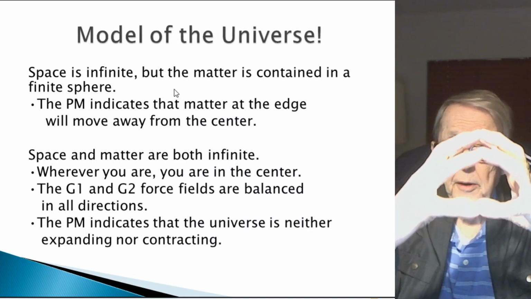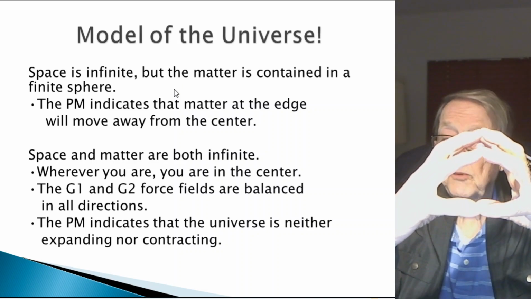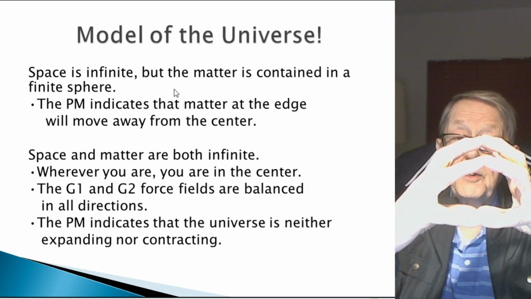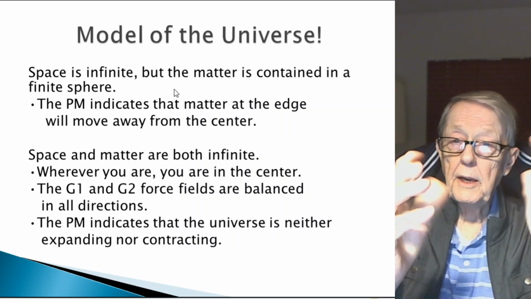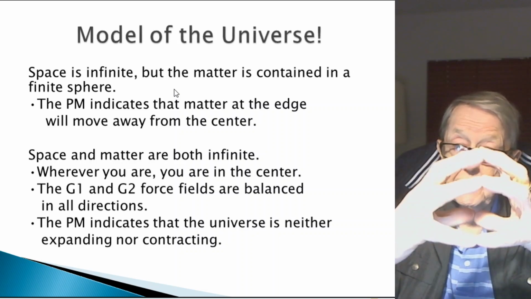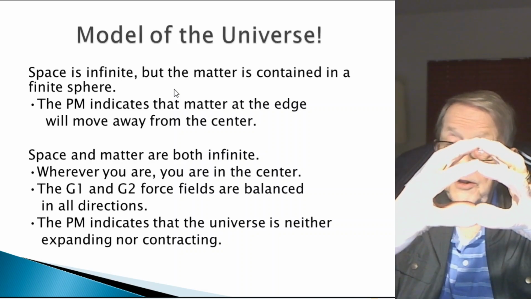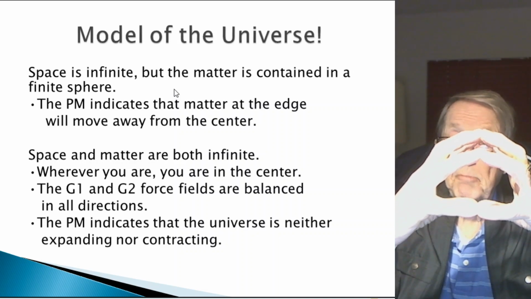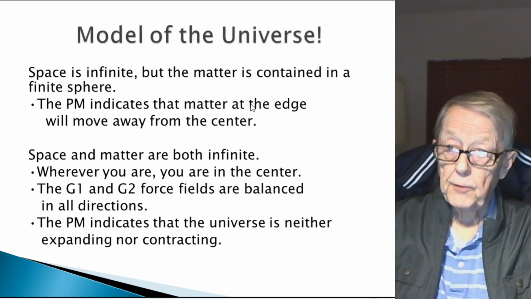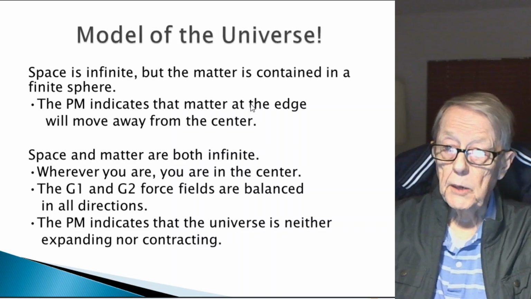The particle model would indicate that since the G1 particle source and the G2 particle source are all inside the sphere, there would be a net force on the objects at the edge of this finite set of matter. They would move away. If that's your model, it would move away.